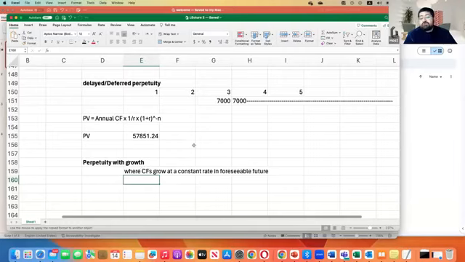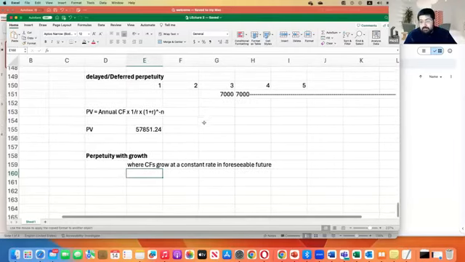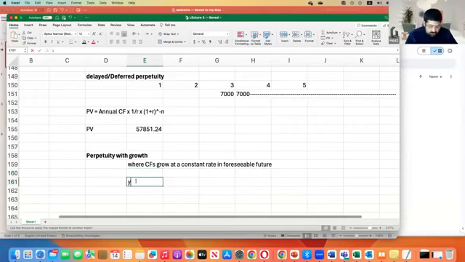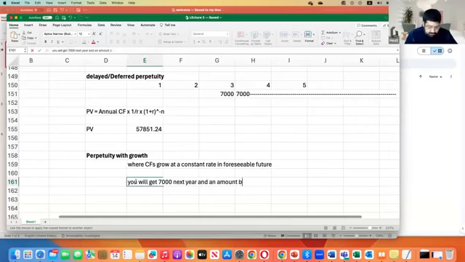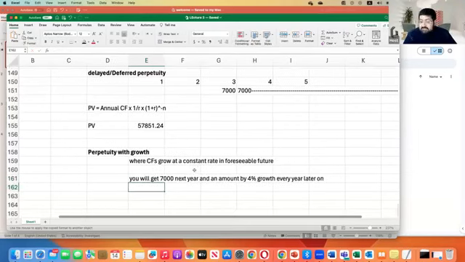For example, you will get 7,000 next year and an amount growing by 4% every year later on. Yes, next year.